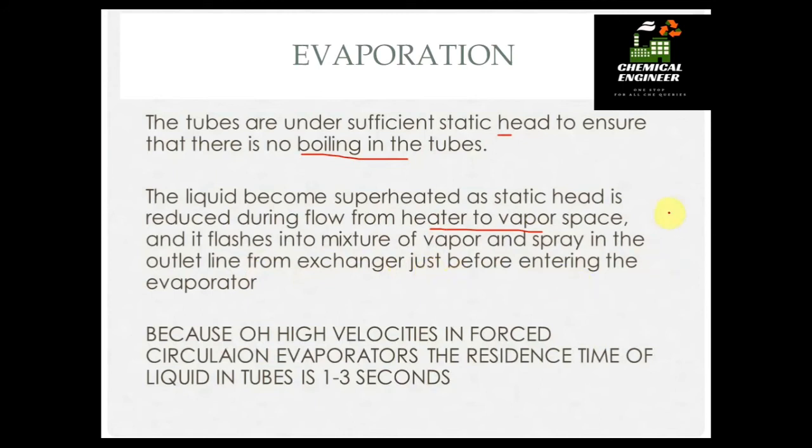And residence time is less. Why is residence time less? Because here we have a higher velocity, and with higher velocity we require less time to transfer heat. So the residence time of the liquid in the tube is 1 to 3 seconds, whereas in the previous types it is more than 10 seconds.